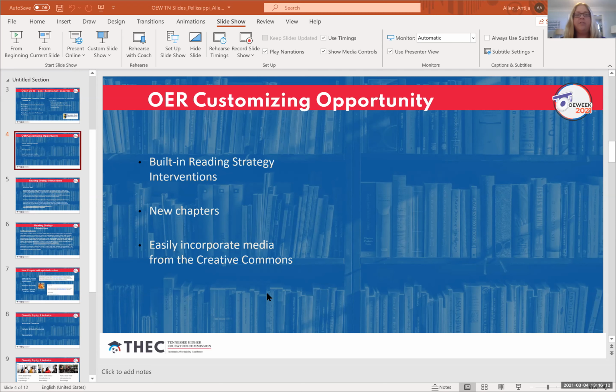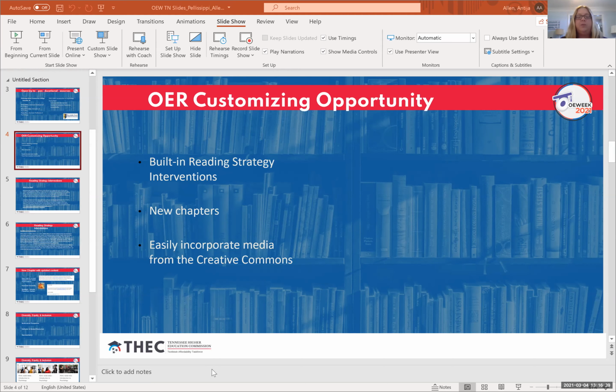And so when we looked at our equity gaps, this became an opportunity to infuse what we're working on with our ATD coaches, specifically in my work with our general education strategy team, and bring that into psychology and the intro to psych class. And so we are focusing on building a strategy bank of reading strategy interventions for the college.